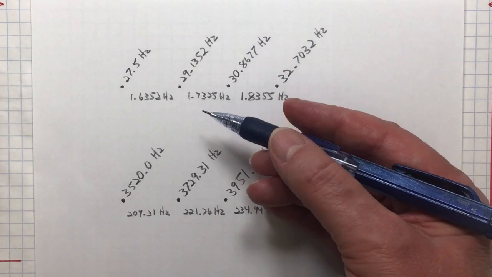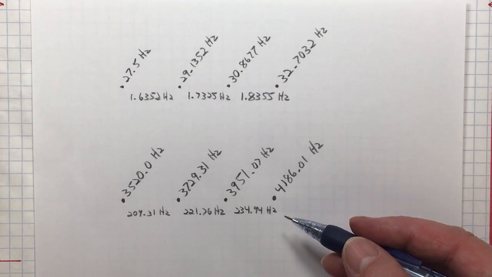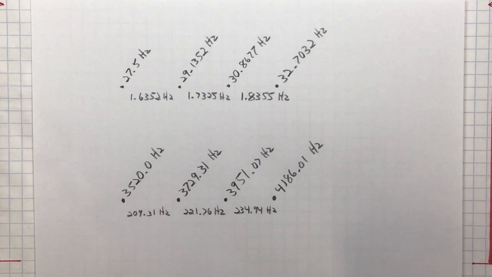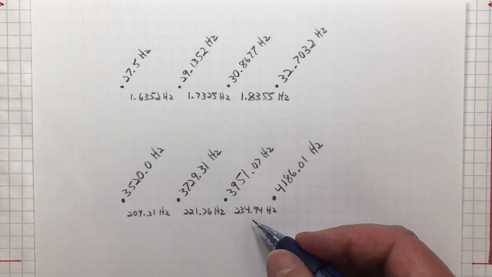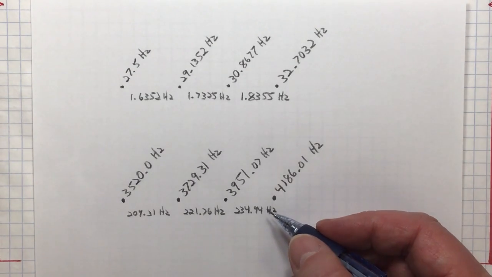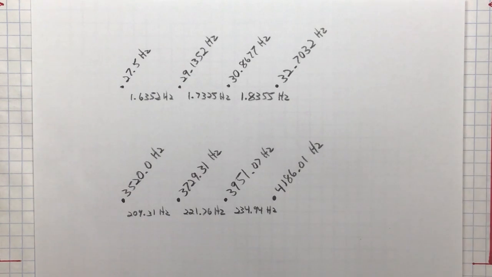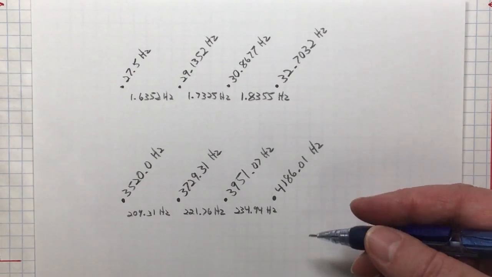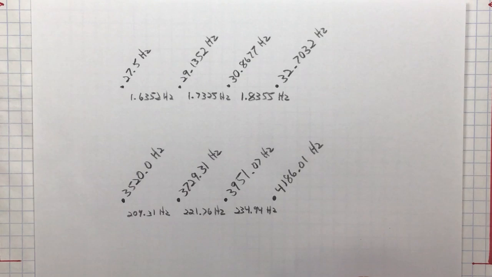While at the right, high end, the last 2 tones are different by 234.94 hertz. How can these 2 spaces between points of sound be the same size? Every pair of adjacent points of sound has the same frequency ratio. We need some math to explain frequency ratio.